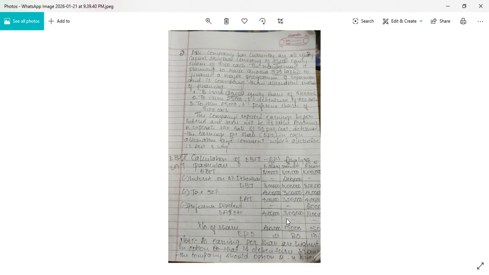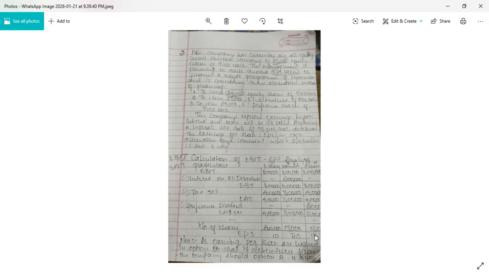In the same way, second option, 3 lakh we have as earnings available to equity shareholders. So 3 lakhs divided by 15,000, we will get 20. So in the second option we have earning per share of 20.